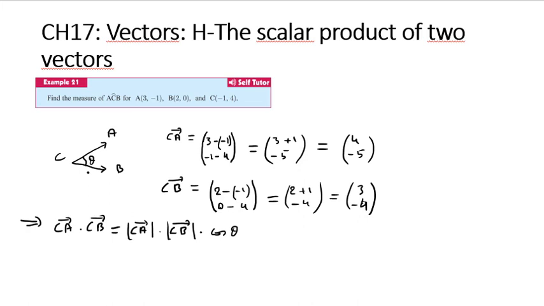So that's actually the cosine of theta, and we have to find this angle theta.